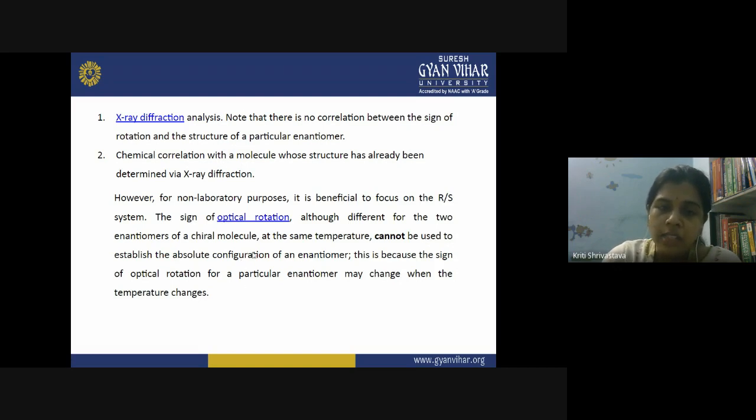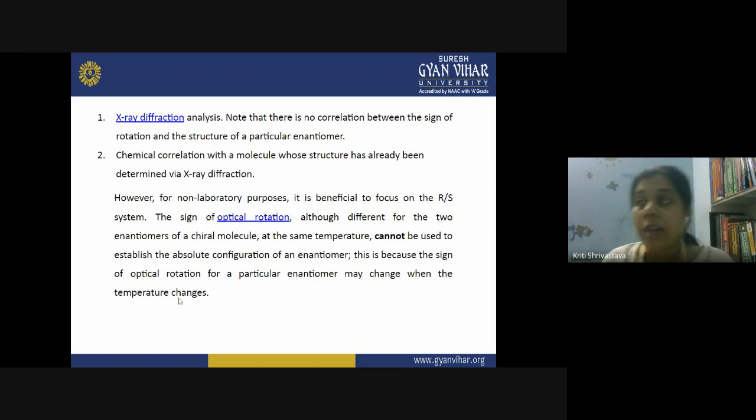So when you are assigning the absolute configuration, once again I am telling you, we are considering all the four groups on the carbon atom. You have to see their relative significance, their sequence in the molecule, and then you assign the handedness. Why did this observation come? Because the sign of the optical rotation for a particular enantiomer may change when the temperature changes.